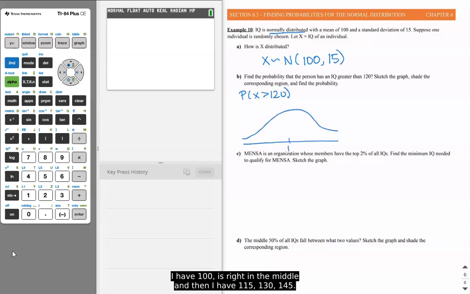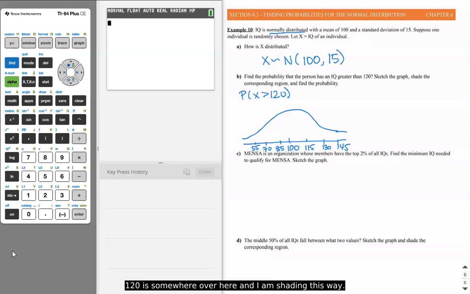I have 100 right in the middle, and then 115, 130, 145. And if I go the other way, I have 85, 70, and 55. So it wants greater than 120. So 120 is somewhere over here, and I'm shading this way.